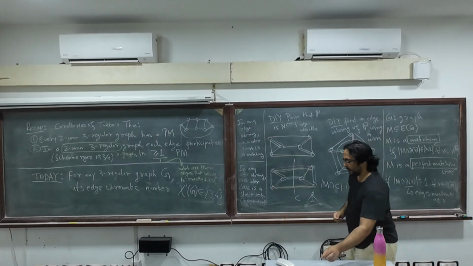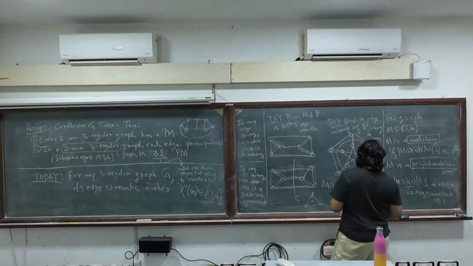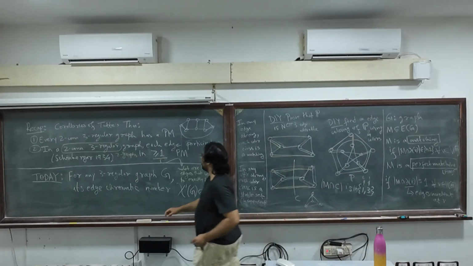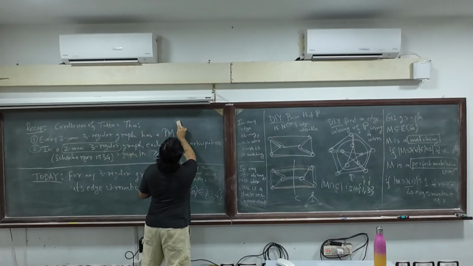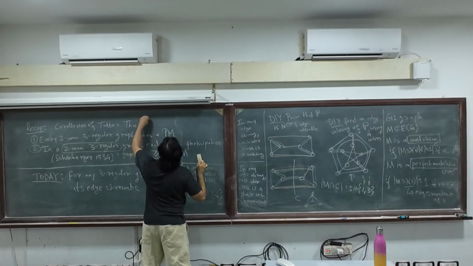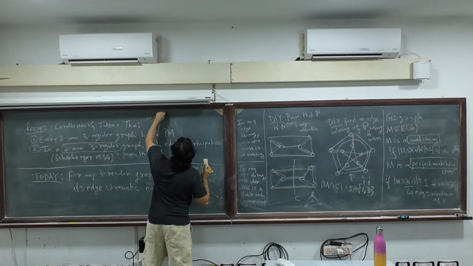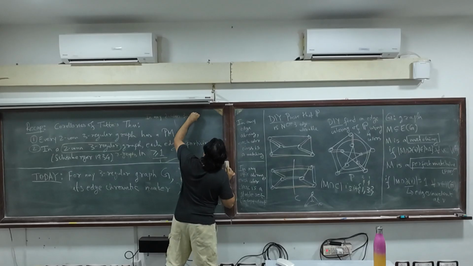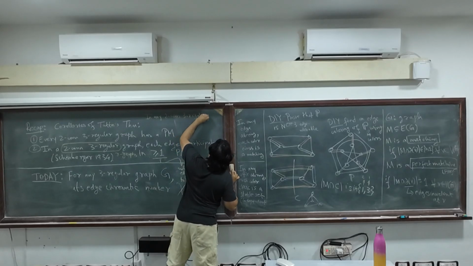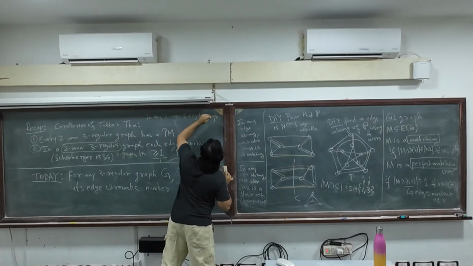Let me write it down. In any 2 connected 3 regular graph, maybe I'll call it a collection since I'm allowing repetition, I don't know.